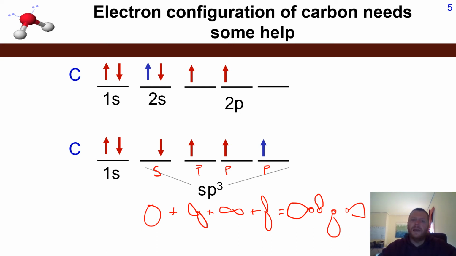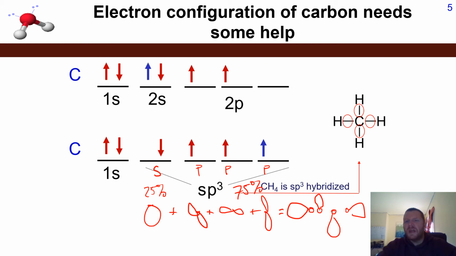So it has 25% s appearance and 75% p appearance. So what that means is that we've hybridized the orbitals in which the electrons in that carbon are, to make an sp3 hybrid orbital.